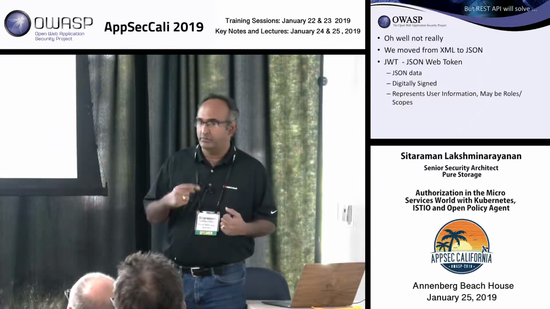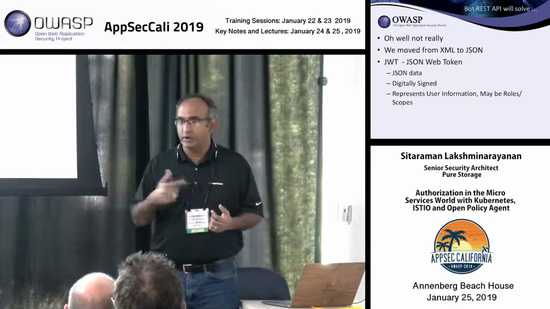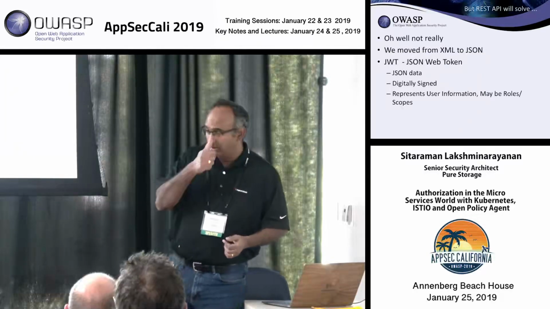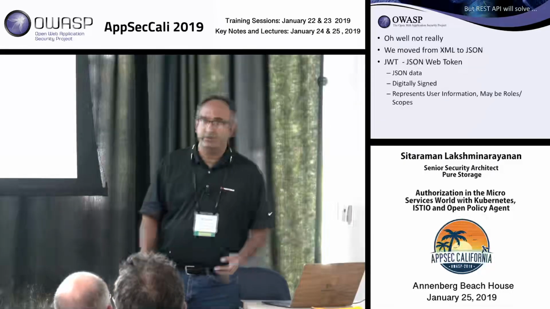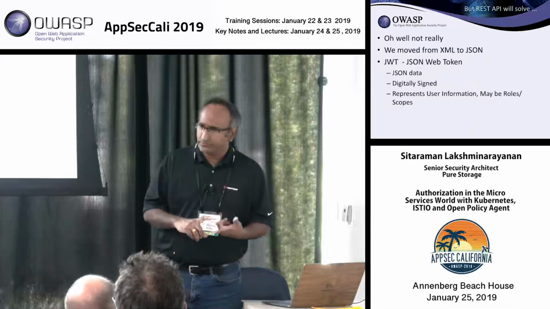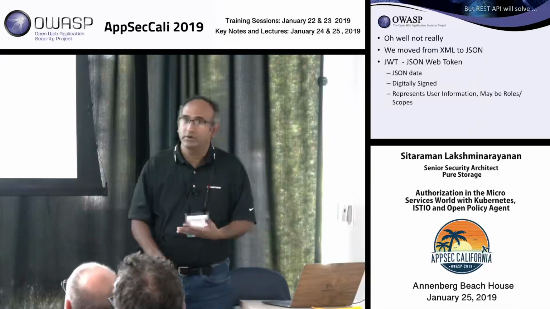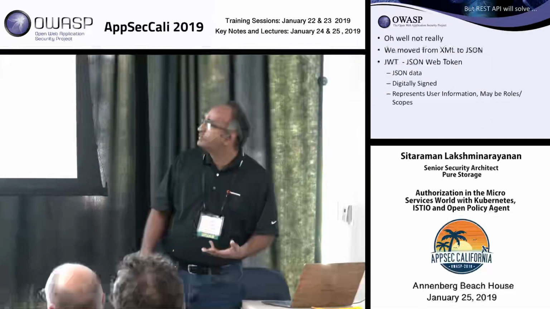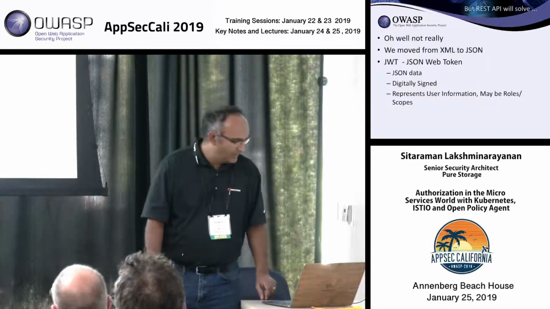In the slide I talked about WS-Security, SAML and everything else. There's a guy who authored all those specs, and he wrote an article that talks about how we are reinventing the wheel on REST API JSON, because you have JSON web signatures, JSON web tokens, encryption on the JSON payload. So everything is getting a second look, but it's the same problem.